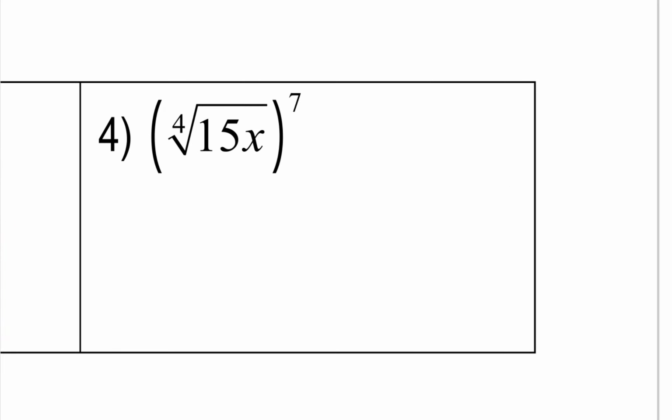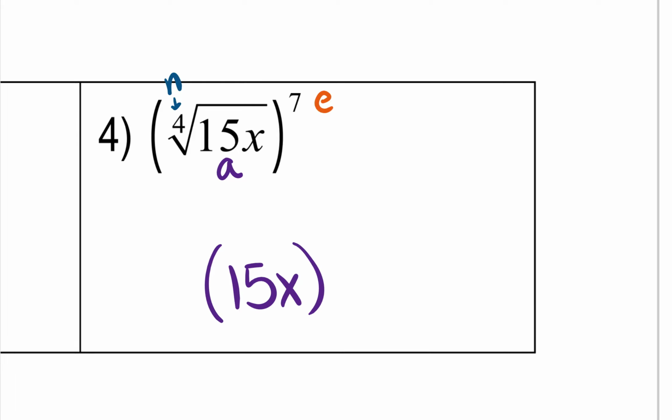Alright, and the last one on here, I have A is 15x, my index is 4, and my exponent is 7. So I would write 15x first, and I put parentheses because I have to. My exponent goes on top, so 7, and then divided by index of 4.